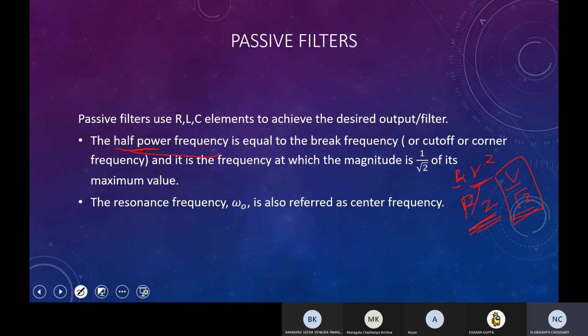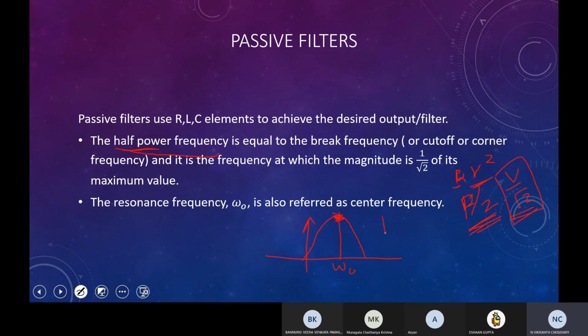And you know the resonance frequency, it is the frequency at which the magnitude would be huge, like maximum, like this. This is the resonance frequency, omega naught. If this is the graph, then the frequency at which it is maximum is known as the resonance frequency.